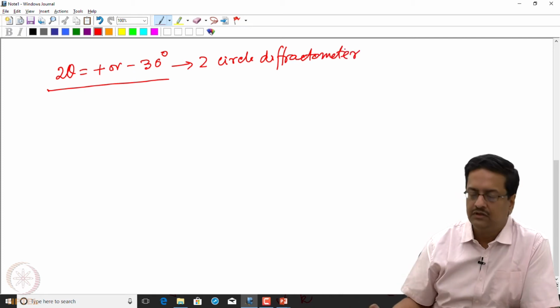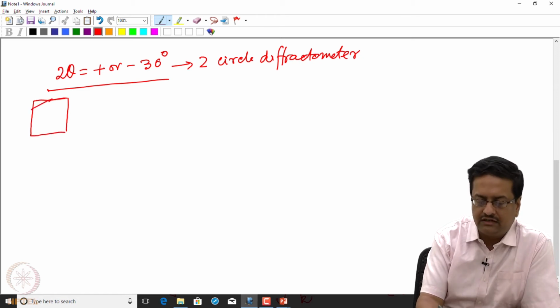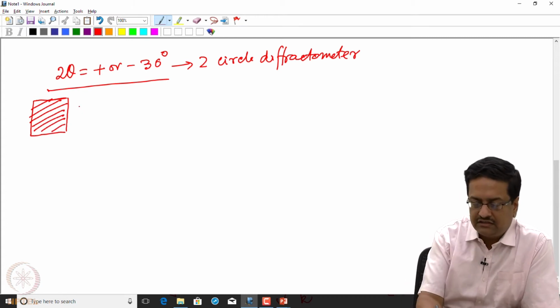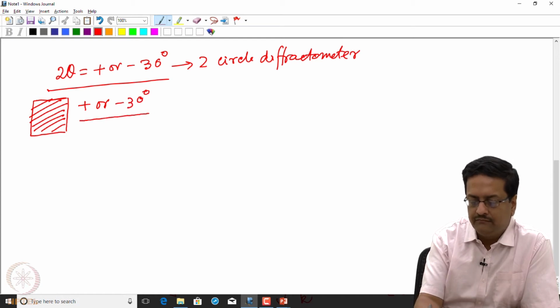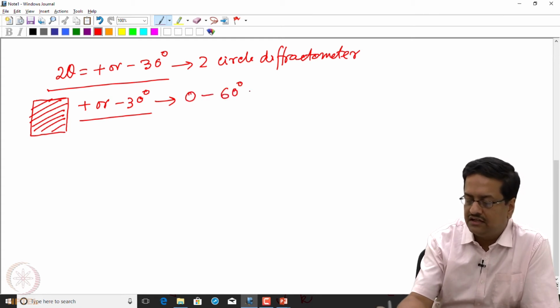Why so? The coverage area of the detector is such that if it sits at plus or minus 30 degree, it can cover from 0 to about 60 degree in 2 theta.